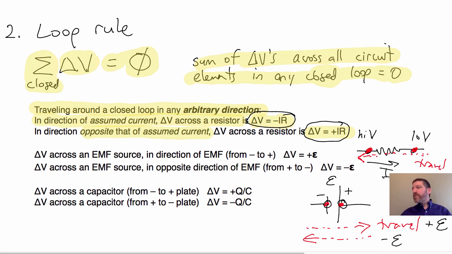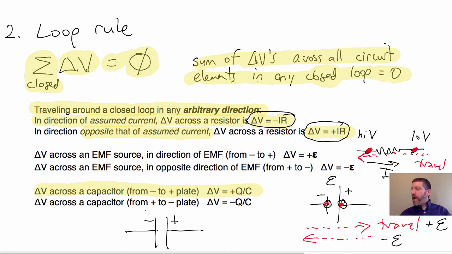With capacitors, it's pretty much the same as batteries or EMF sources. If you're going from the negative to the positive plate, you're going up to the top of the hill. Here's our capacitor, and this is the negative and this is the positive plate. Again, it all depends on which way we're traveling.